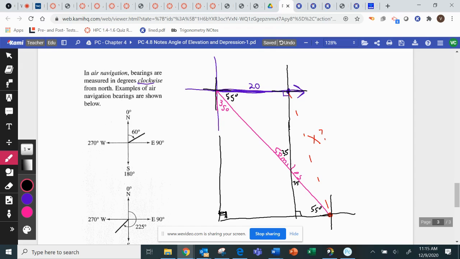So now we kind of have a little puzzle. We have to find this red X. So we have an idea of something we could find. I didn't really label things, so you have to be descriptive of what you're talking about. We can use trigonometry.